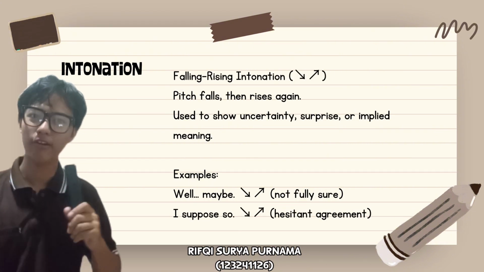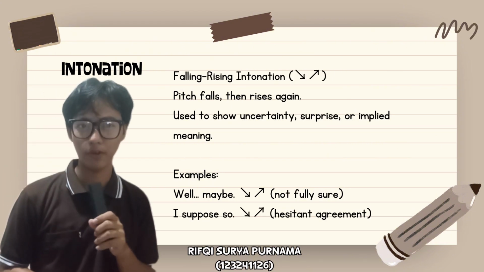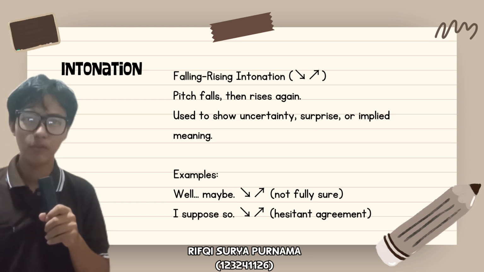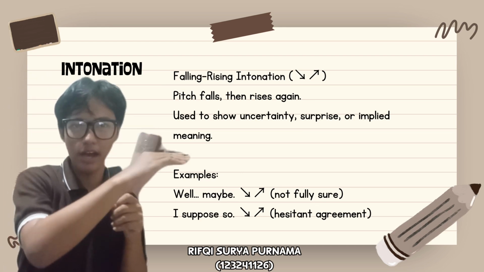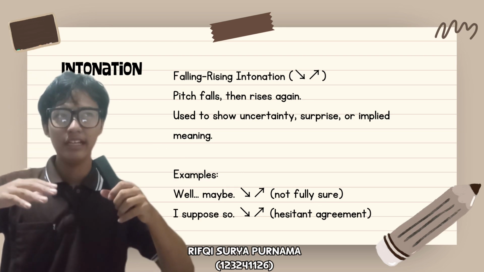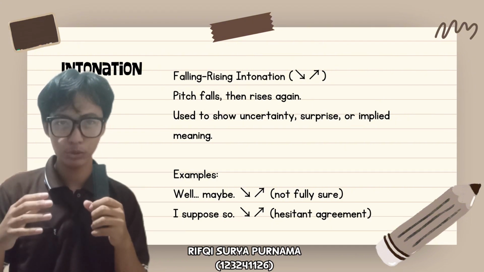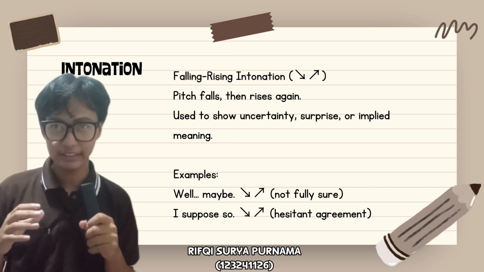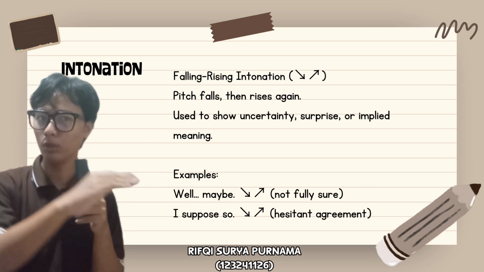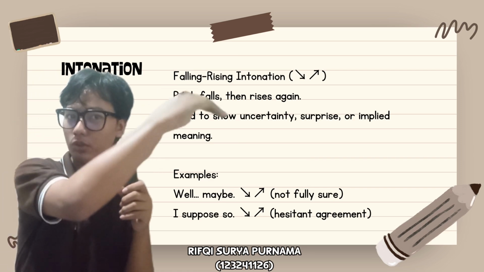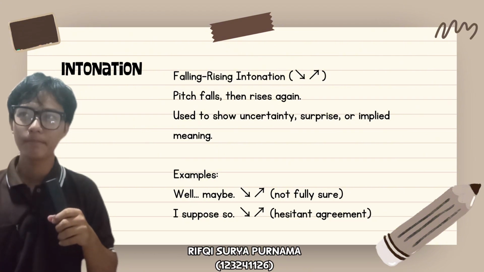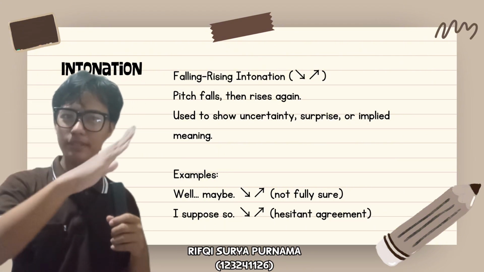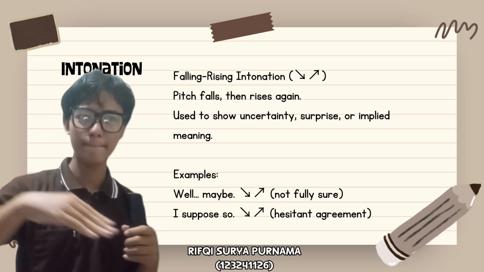Now, lastly, there's rising and falling intonation. This is kind of a mix, because when you mix down and up, it usually shows something that is unsure, that is not yet decided, as in I suppose so, or maybe some other examples like maybe, but maybe.